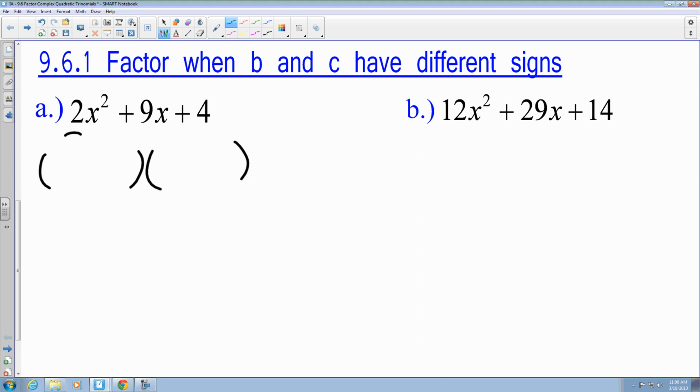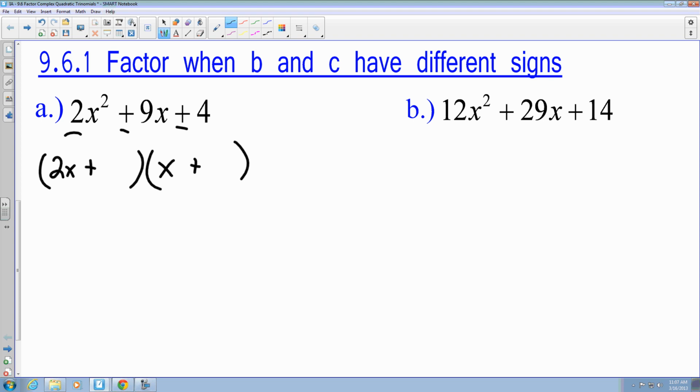So this has to be a 2x, and this has to be an x. There's no other way, because a prime number can only be factored by itself and 1. And this plus 4 means the signs are going to be the same, and this plus 9 says they're both going to be pluses.